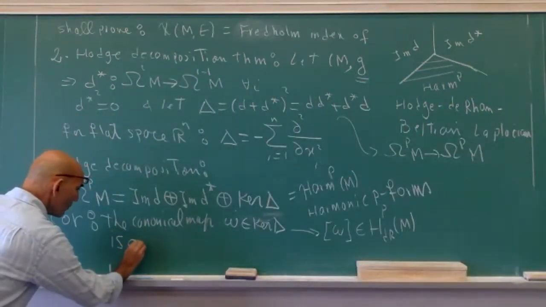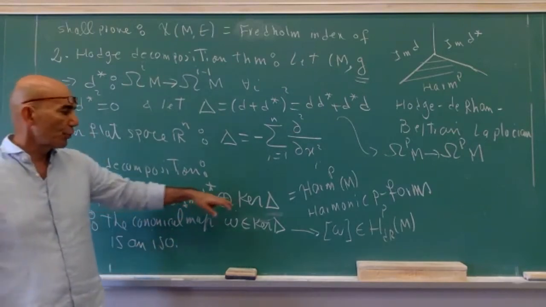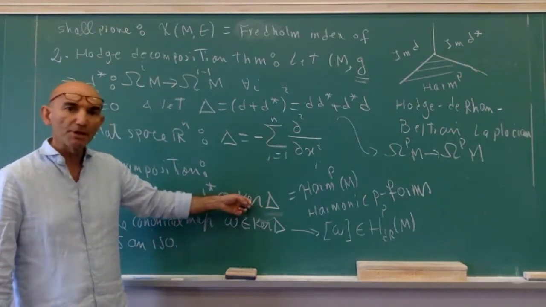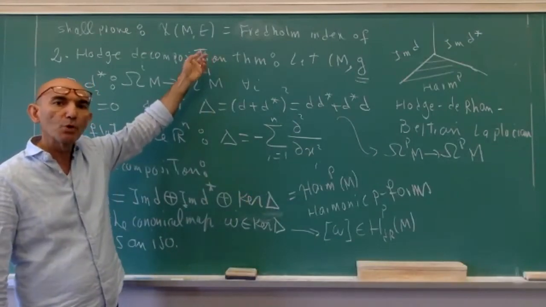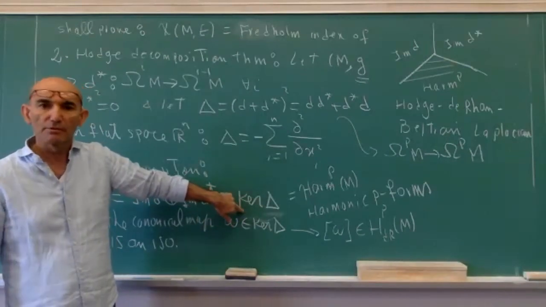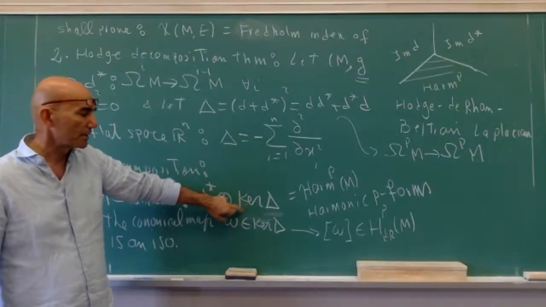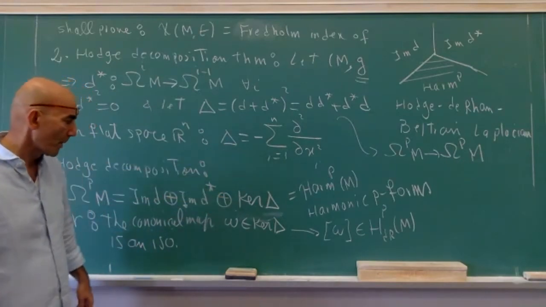In particular, this shows that this kernel of the Laplacian is finite dimensional. If you believe in de Rham, but if you don't, you want to start from this. This also implies de Rham, because you can show that the kernel of this Laplacian is finite dimensional as a result of being elliptic.